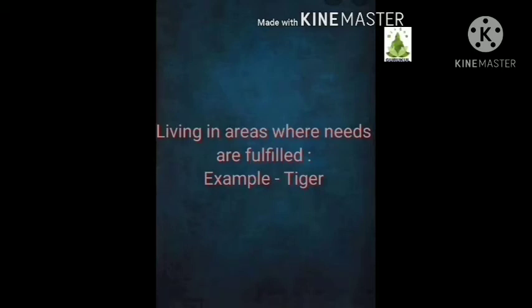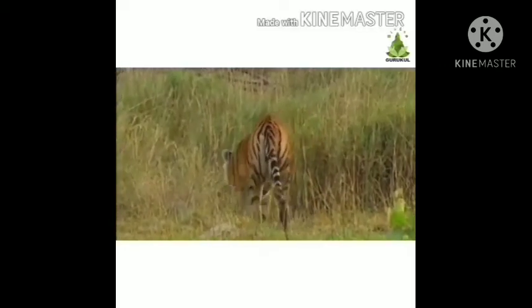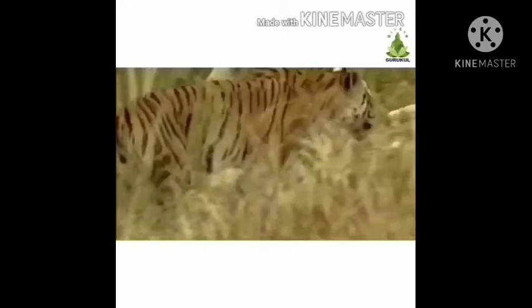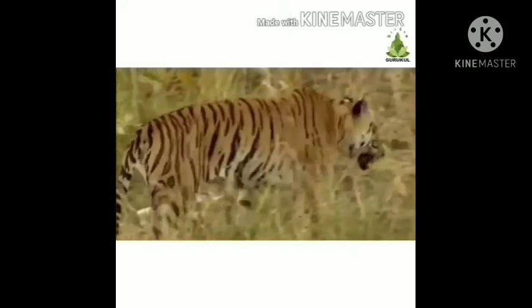To understand this, let's take the example of a tiger. A tiger has stripes. Because of these stripes on its body, a tiger lies in wait for its prey among tall grasses. Its prey cannot see it in the grasses.